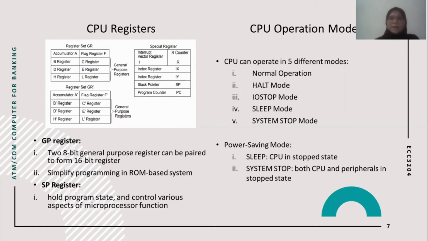But improvements and enhancements in technology enable another 2 extra power-saving modes, which are sleep mode and system stop mode. The difference is that in sleep mode, only the CPU is in stop state, whereas in system stop mode, both CPU and peripherals are in stop state, which can further reduce the power consumption. Next, I will pass on to Aina for the memory module.